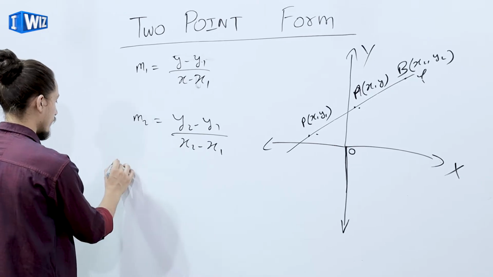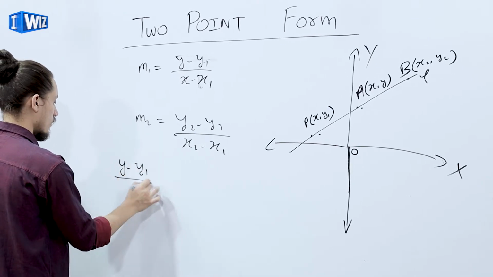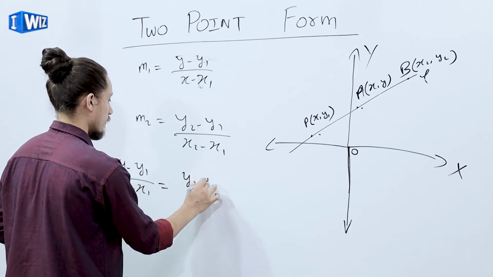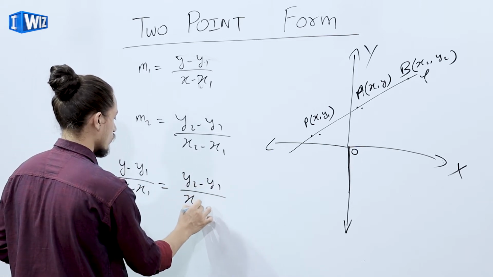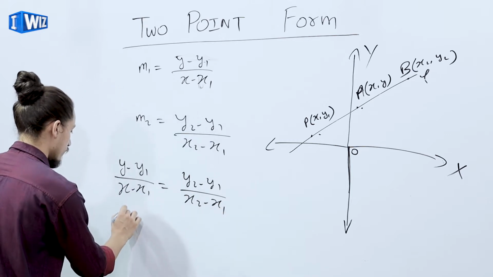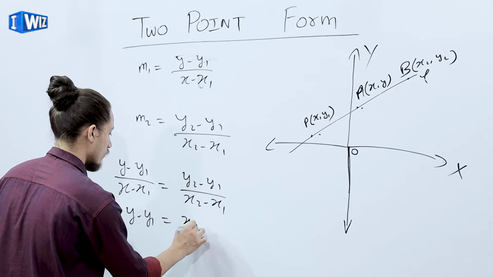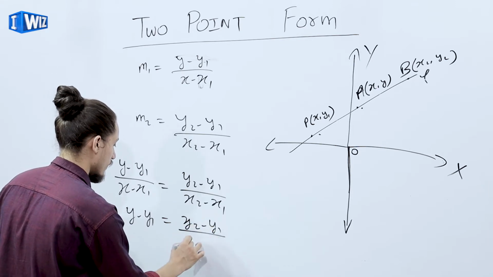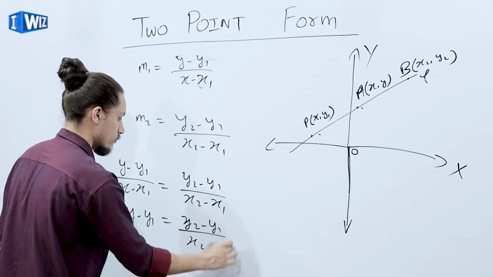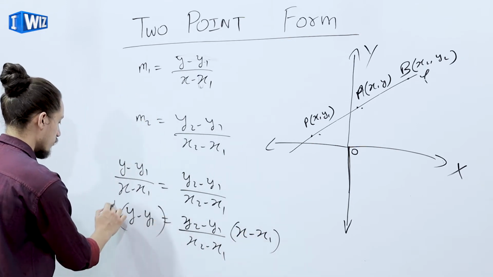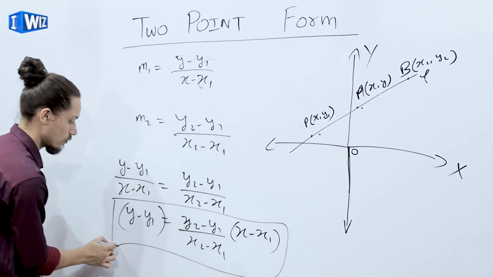So equating we get y minus y1 upon x minus x1 is equal to y2 minus y1 upon x2 minus x1. We get y minus y1 is equal to (y2 minus y1 upon x2 minus x1) into (x minus x1). This is the 2-point form of an equation of line.